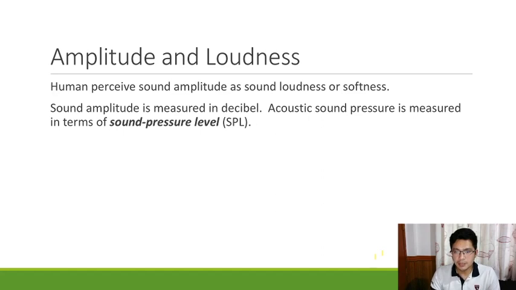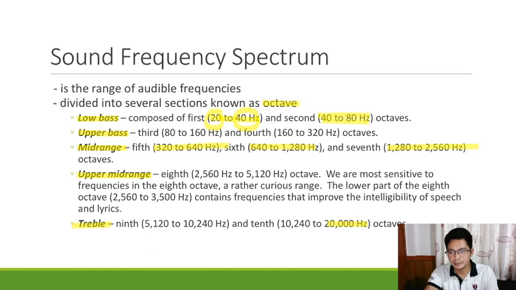At 0 dB, iyon yung minimum na sound pressure na kailangan, na pwede pa tayong makarinig. And then, nag-range siya pataas pa sa spectrum natin, kasi pinakamababa nga yung 0 dB, papunta sa around 120 dB.